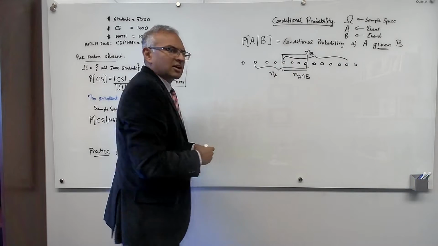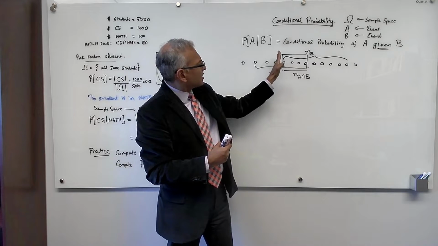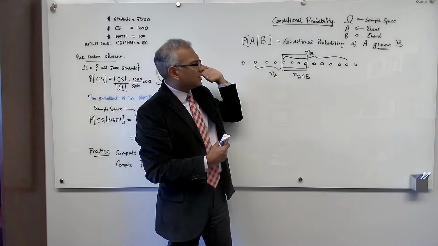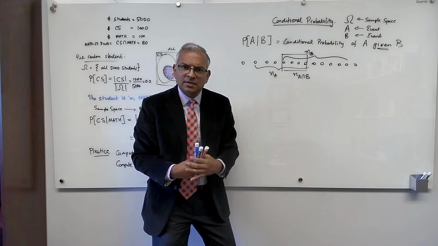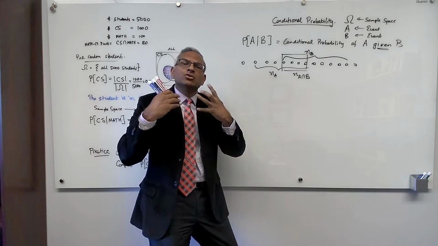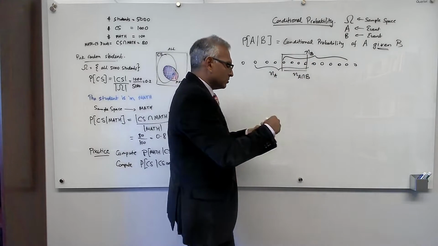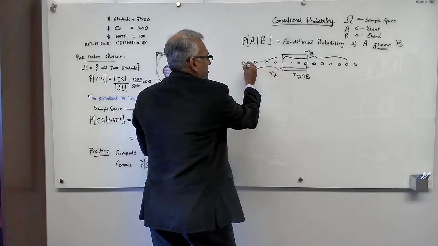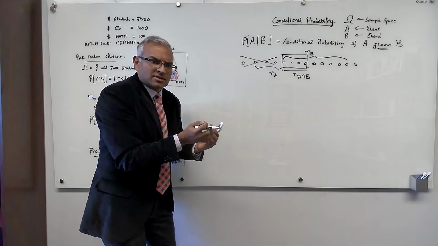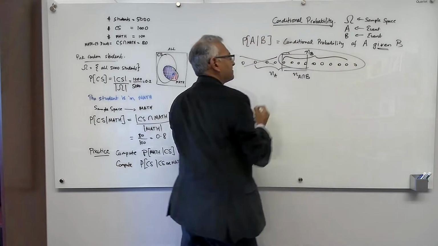So when you repeat this experiment many times and make use of the information that the outcomes not in B did not occur, you can eliminate these outcomes, and the outcomes that become of interest to you are exactly these outcomes.